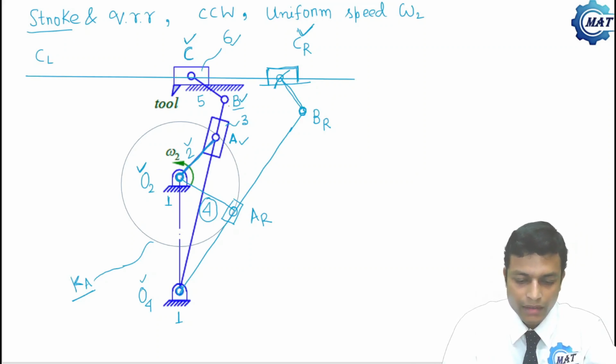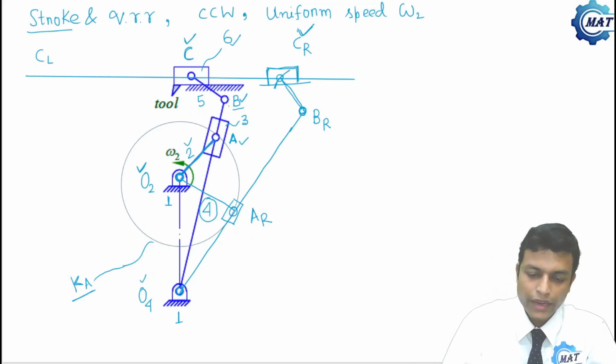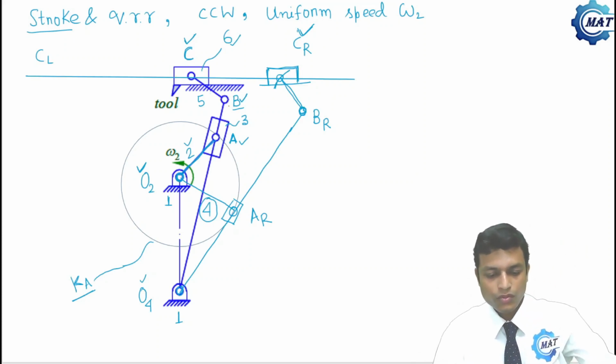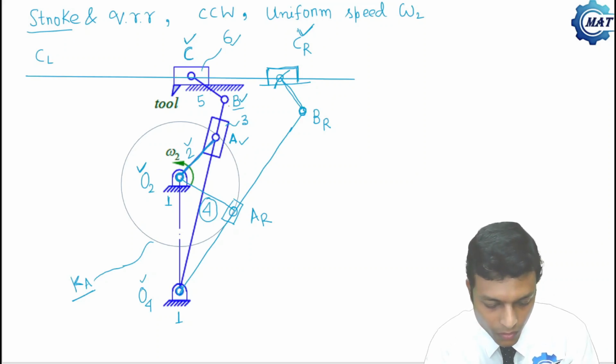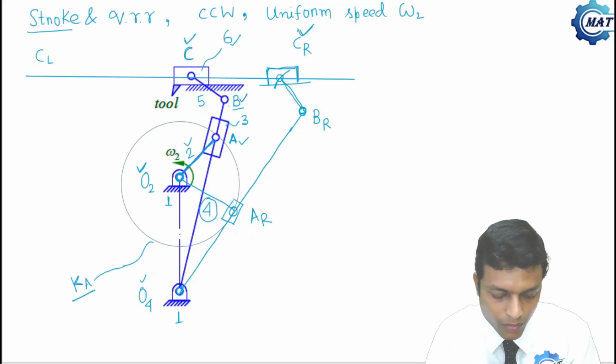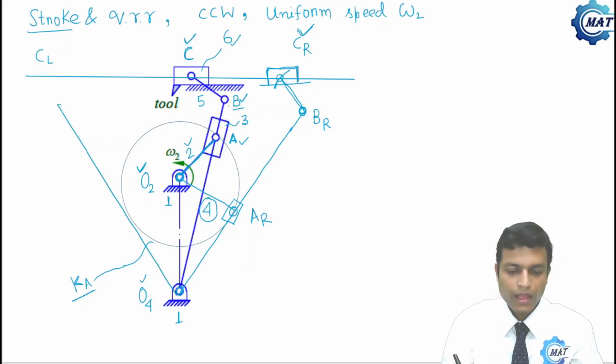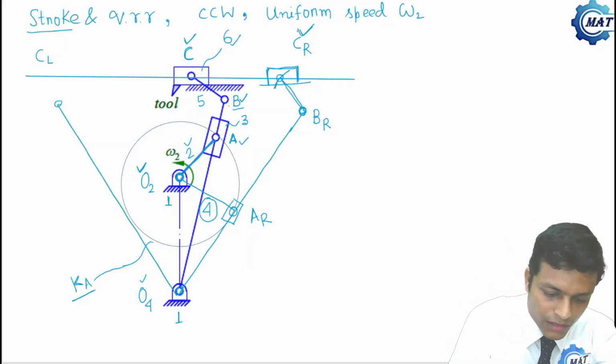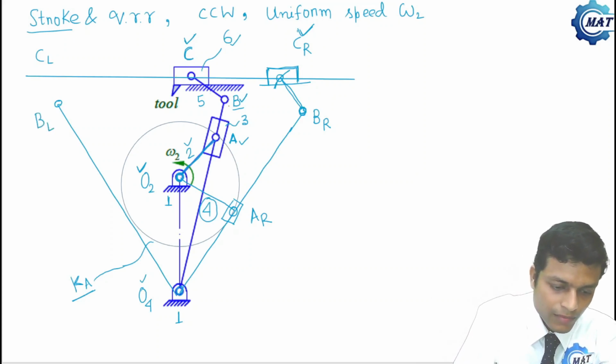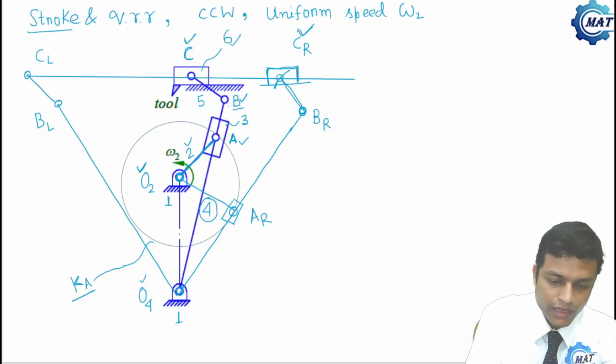Now similarly, by a similar drawing construction, we can locate CL also. To locate CL, we'll draw a tangent to this circle K from point O4, and this point denotes BL, and from BL to CL.